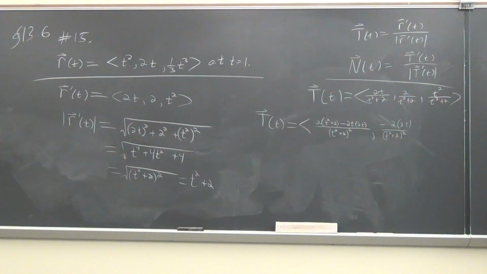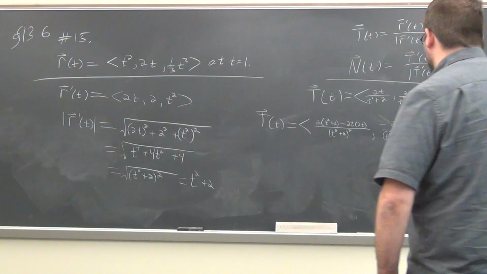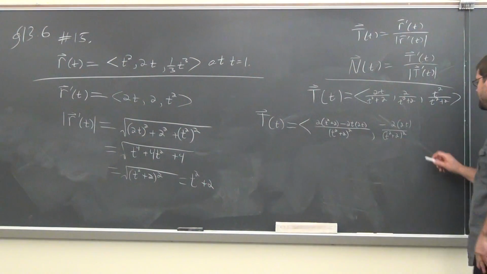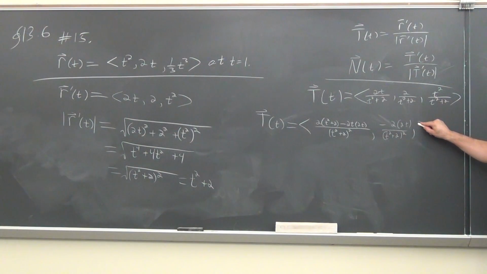Right, the chain rule kicks in. You could either view that as a chain rule, or do a quotient rule there, knowing the derivative of the 2 is 0. And the same idea here: 2t times t squared plus 2 minus t squared times 2t, over t squared plus 2 squared. Okay, so we get that.